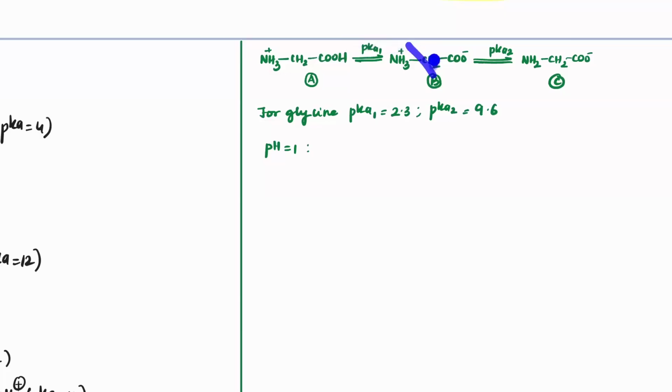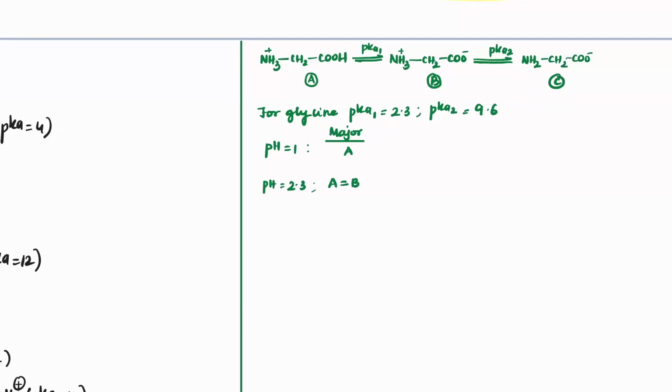Because dissociation is hardly observed, the major quantity present will be only A. You'll hardly see any B or C, correct? Similarly, at pH 2.3, A and B will be in equal amount. So C is completely 0, A will be half, B will be half.